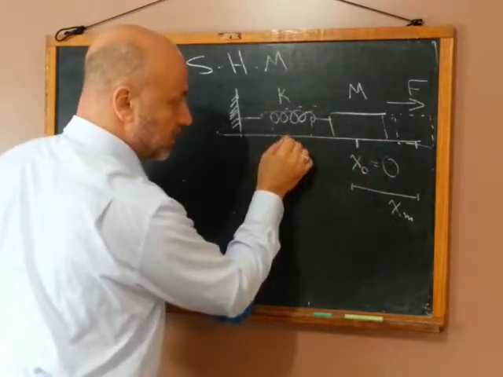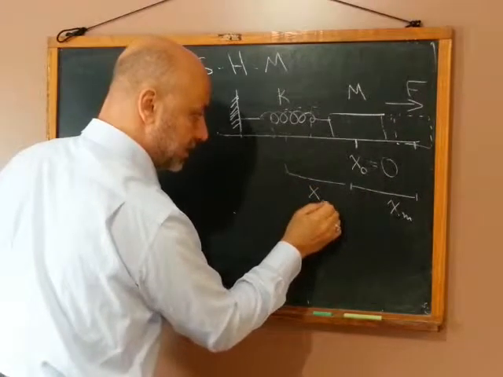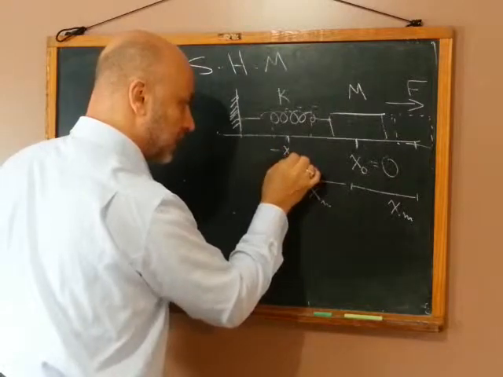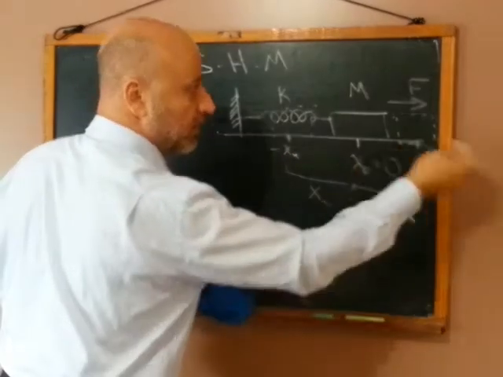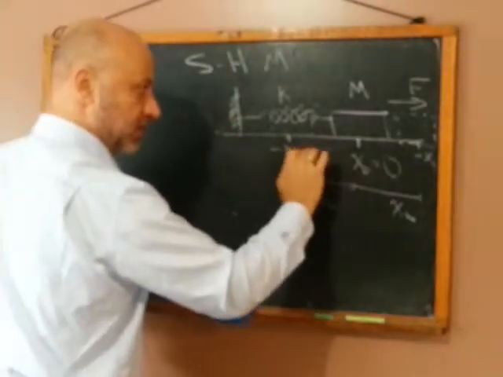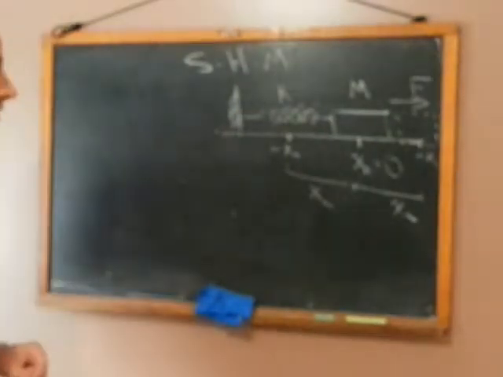Then this distance again is x max. So we could label this as negative x max. This is 0, this is positive x max. So if this is 3, this is negative 3, 0, 3, for example, something like that.